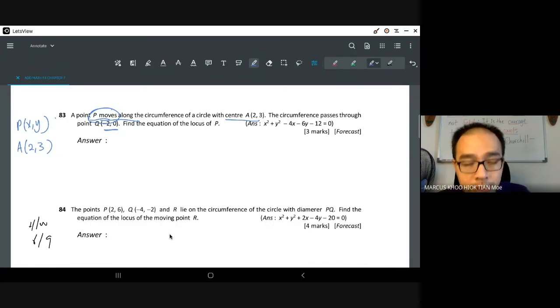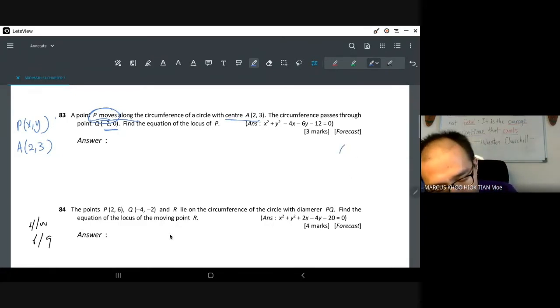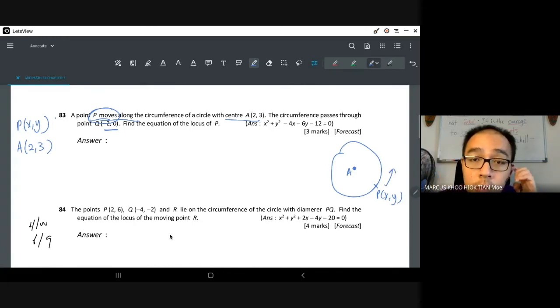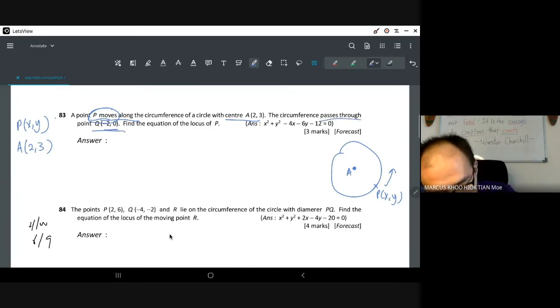Okay, what does this mean? The fixed point is over here. This is point A. Your P(x, y) is always going to be moving along here. But it also says that the circumference passes through Q(-2, 0). That means somewhere over here is (-2, 0), Q. So the question is, can I find this distance?